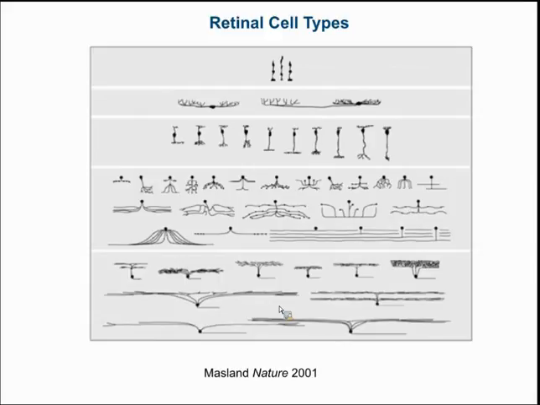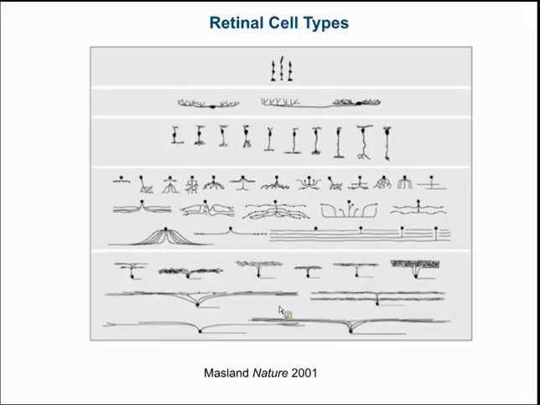And the big question in the field is, is this also true for cortex? We don't know the answer to this question. Is it true that every neuron in the brain, let's say in neocortex, falls unambiguously into one cell type? We don't know. We've done recent single-cell transcriptional analysis of a couple of thousand cells and find, yes, there seem to be 49 different types of cells, 42 types of neurons and 7 types of non-neural cells.